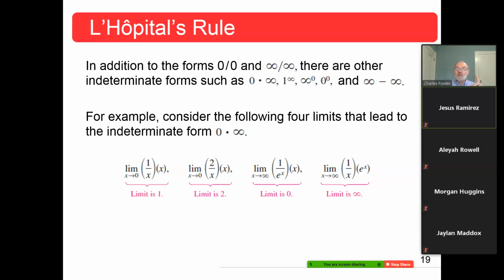In addition to forms such as 0 over 0, indeterminate, or infinity over infinity, also indeterminate, there are other indeterminate forms such as 0 times infinity. Who wins there? 0, which is usually, anything times 0 is 0. But what if infinity is a big enough number to yank that along? I don't know. 1 to the infinite, that looks like that would be 1 to me, but I don't know.